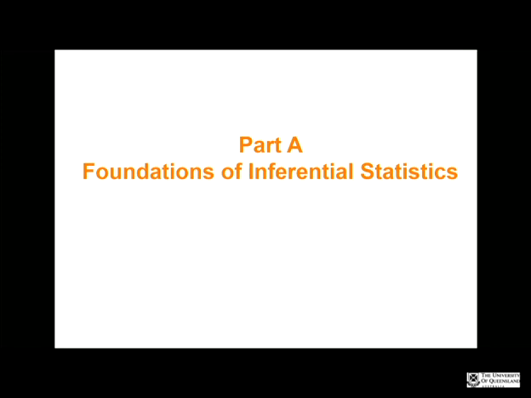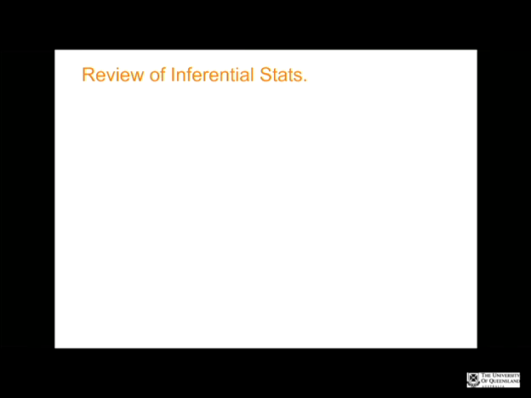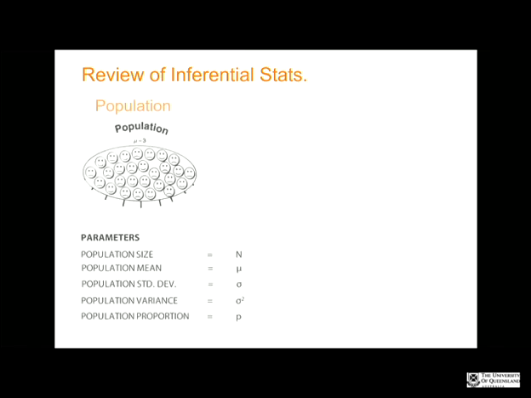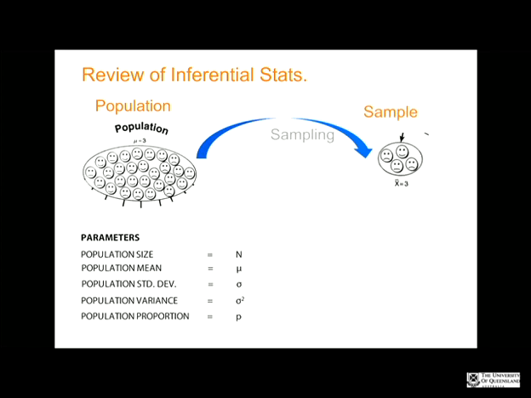Okay. So, in terms of foundations, you've already done a little bit of this. Whenever you've done a statistical test, you're doing inferential stats. But it's important that you understand that what we're actually talking about is sampling, taking a sample from a broader population, and then there's a whole bunch of symbols that you might see coming up in statistical reports.